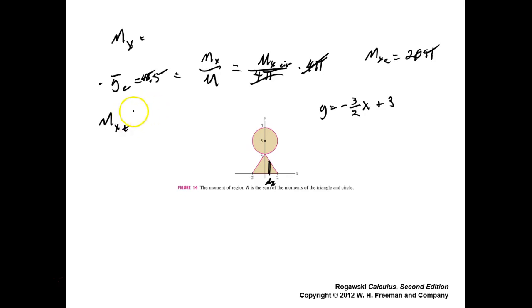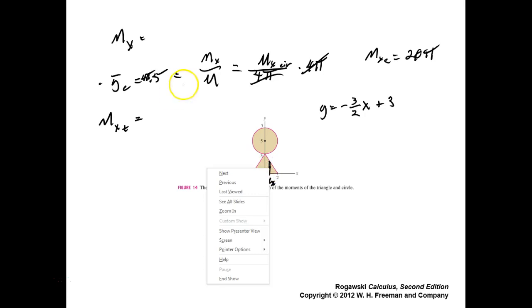So your M sub x for the triangle is, your delta is 1. We're just going to assume that, get it out of the way. And then what is your M sub x here? Integral, okay.